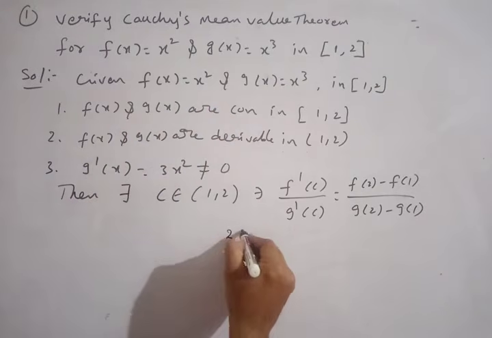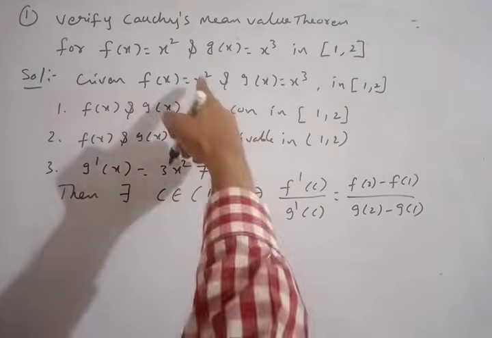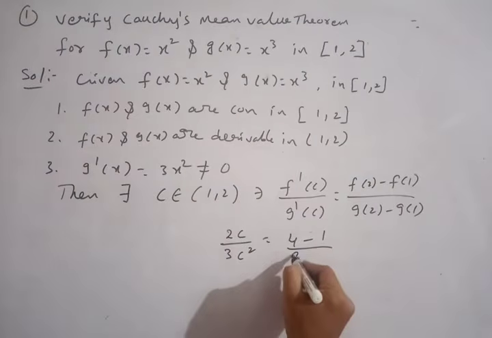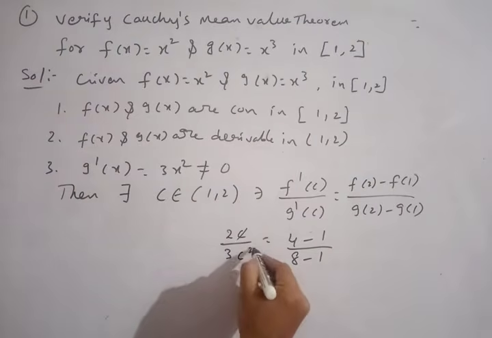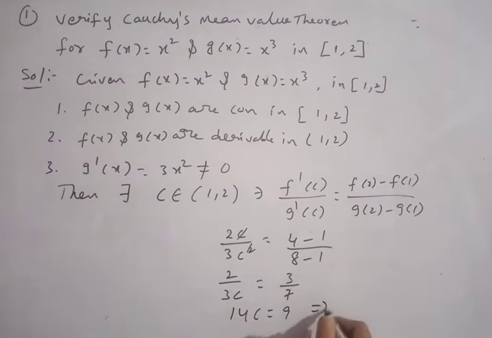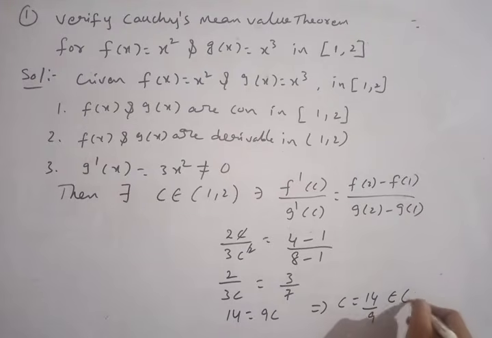So c square differentiation 2c, g dash of c is 3c square, equal to f of 2, how much? 4, f of 1 is 1, g of 2 is what? 8 minus 1. So c and c get cancelled, 2 by 3c is equal to 3 by 7. Cross multiply: 14 is equal to 9c, c is equal to 14 by 9, belongs to 1, 2. Correct?